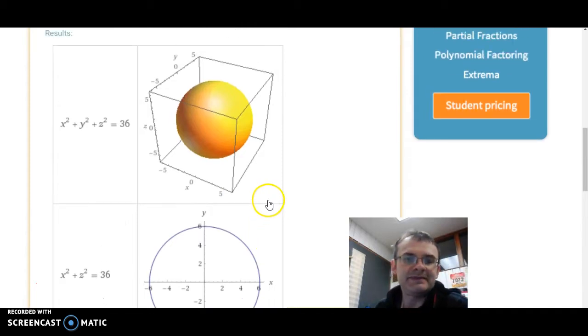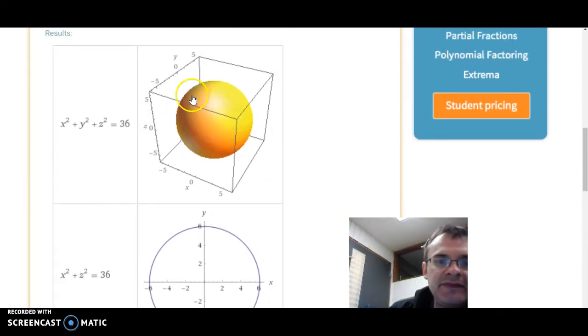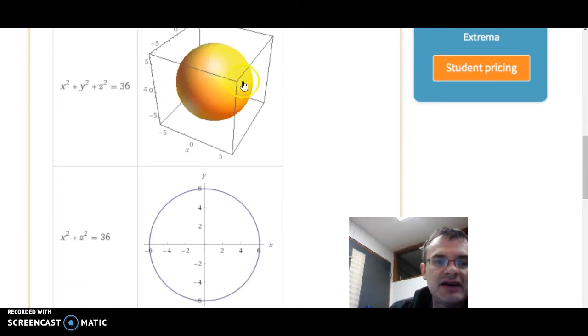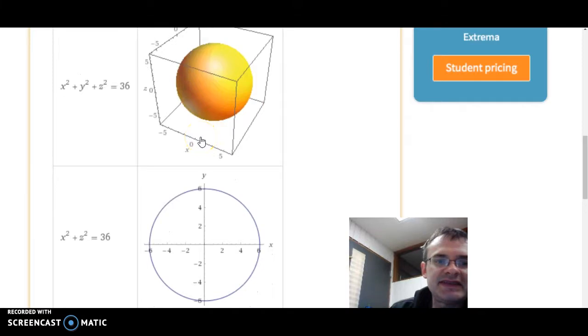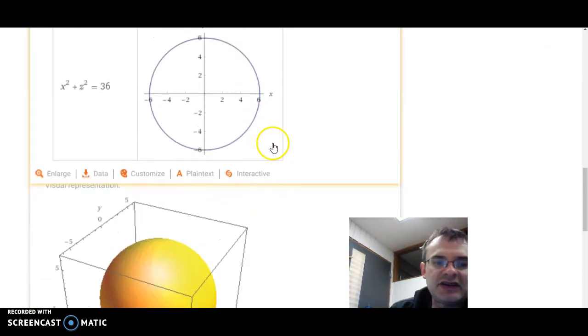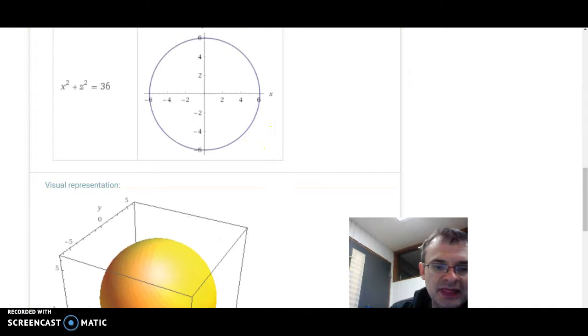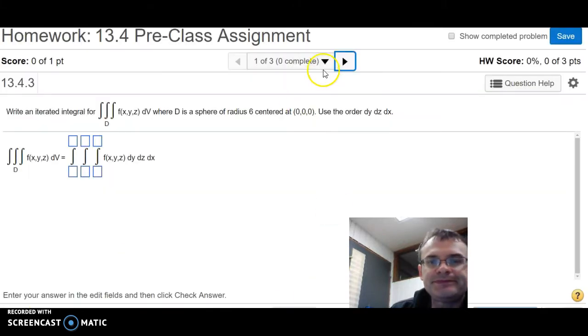Okay, so basically, we took the 3D, then we flattened down to just the center of this circle, the widest point, and we looked at what happened to z there, and then we flattened down to 1 dimension, and what does x do? Well, it goes, on this one, minus 6 to 6. So there's our bounds. Okay, now let's look at the next one.